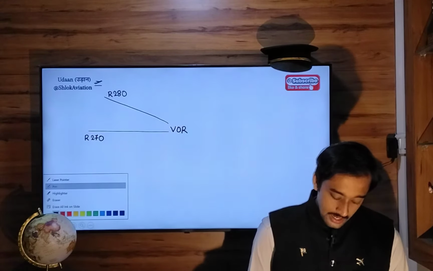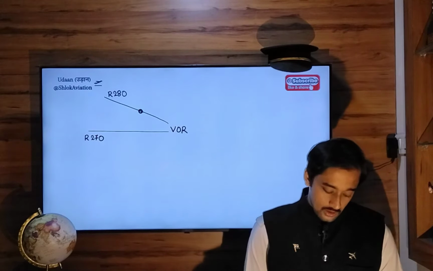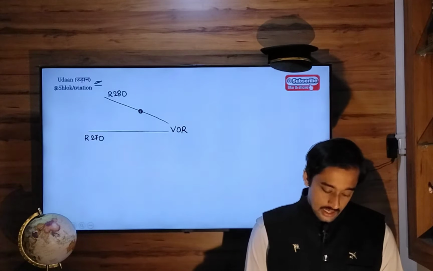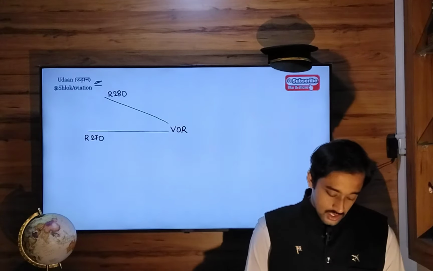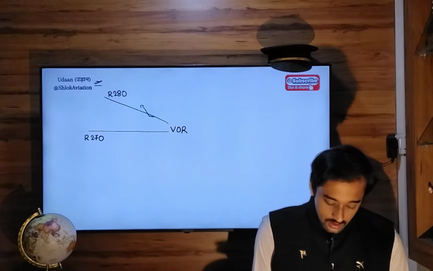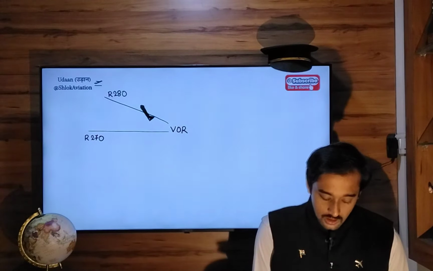This is where your aircraft is situated on this radial 280. And the heading is 300.